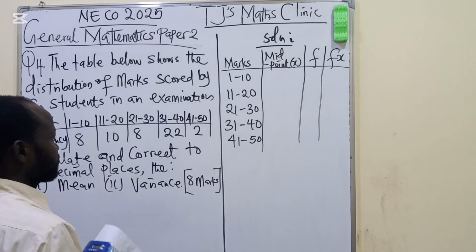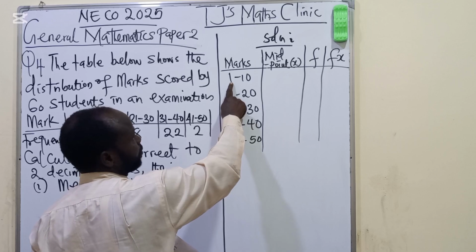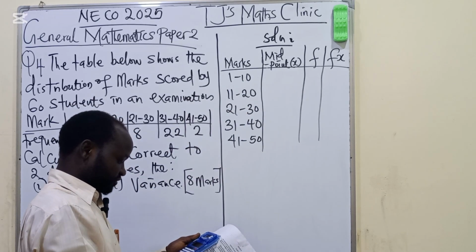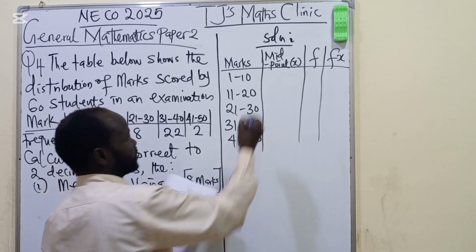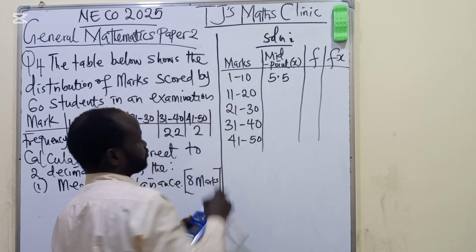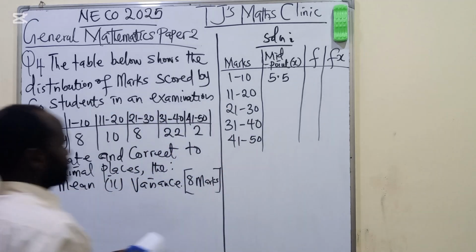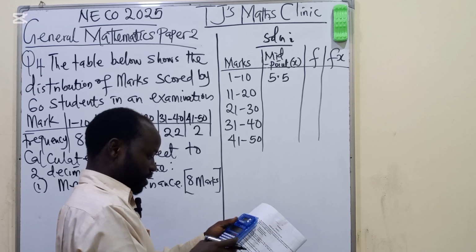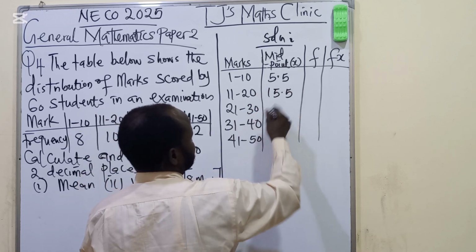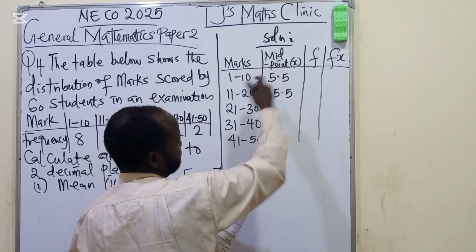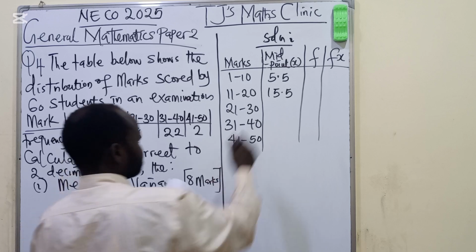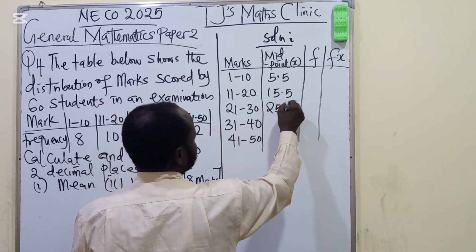Very important. To find the midpoint, we add 1 plus 10 and find the average, like 1 plus 10 divided by 2, which is 11 divided by 2. That will be 5.5. Then we add 20 to 11, that will be 31. Then we divide 31 by 2, that will be 15.5. You can see that it's increasing by 10. We add 10 to 15.5, that will be 25.5.